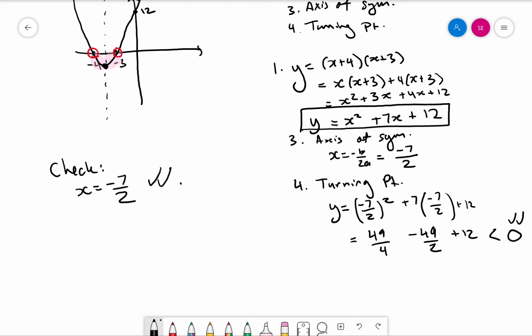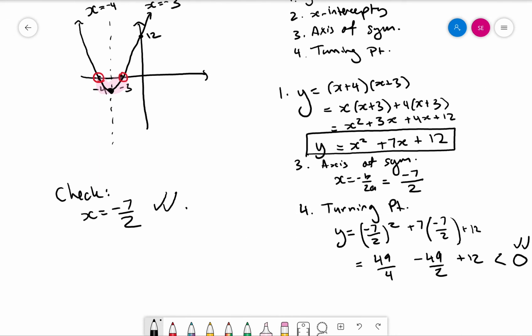Okay, so we've checked that the point down here satisfies it, so we're probably right. And then just answer. Well, it'll be all the x values to the left of minus 3, but to the right of minus 4. So all of these x values sandwiched between those two numbers. Okay.